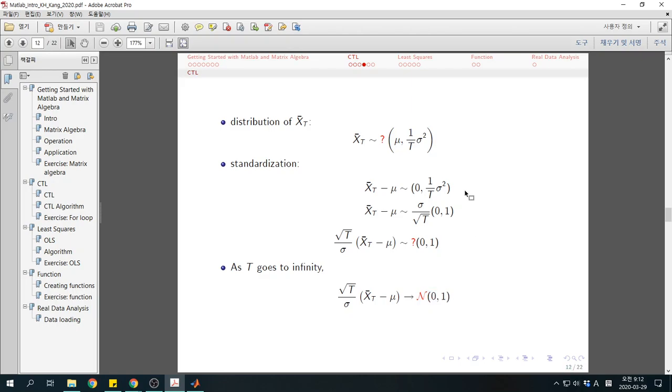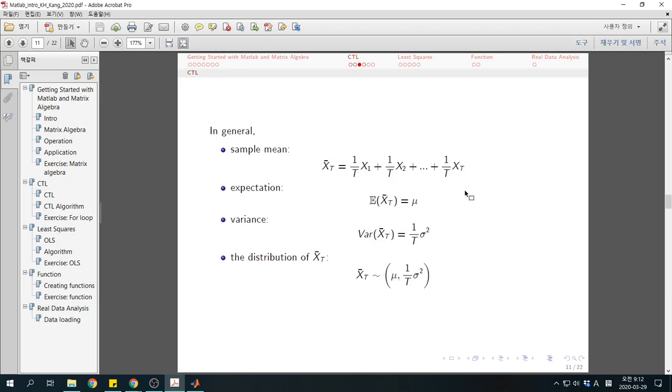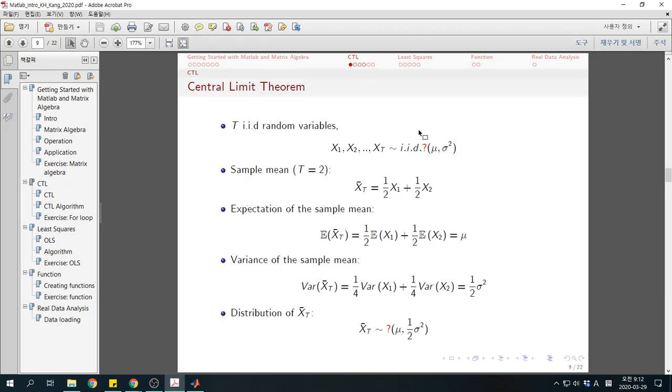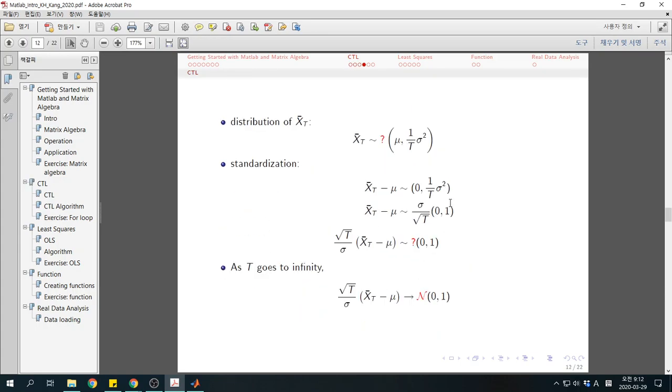Whatever the underlying distribution is, whatever the distribution of the xi's, a normalized sample average follows the standard normal distribution.